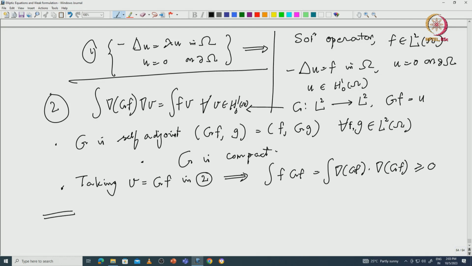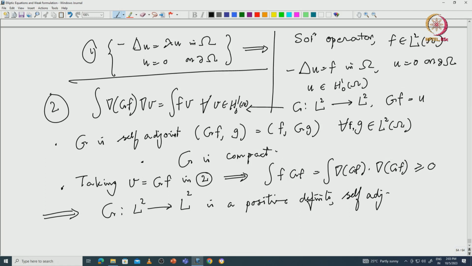So, putting all this together, G from L2 to L2 is a positive definite, self adjoint, compact operator.